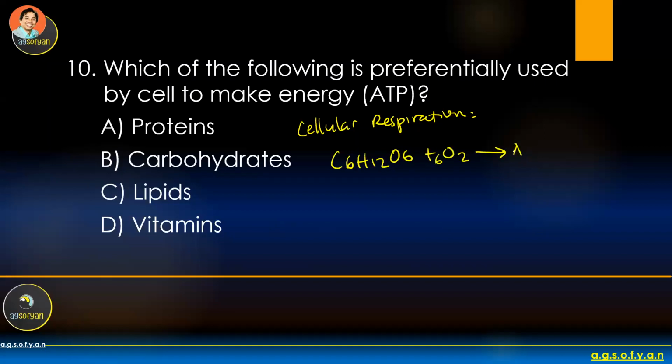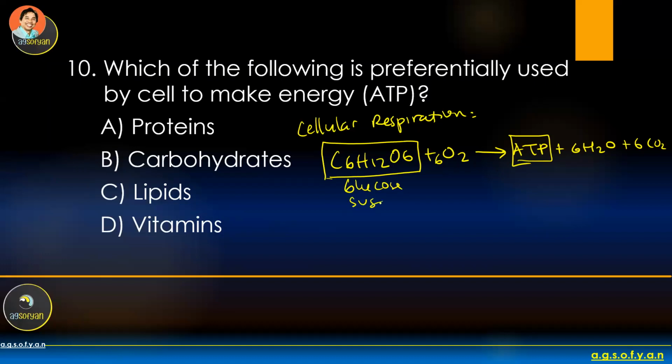It will be converted into ATP, which is energy that we need, 6 water, and 6 carbon dioxide. So the substance used for making ATP by cell is glucose, which is sugar or carbohydrate. So our cell will use carbohydrate first to make ATP.